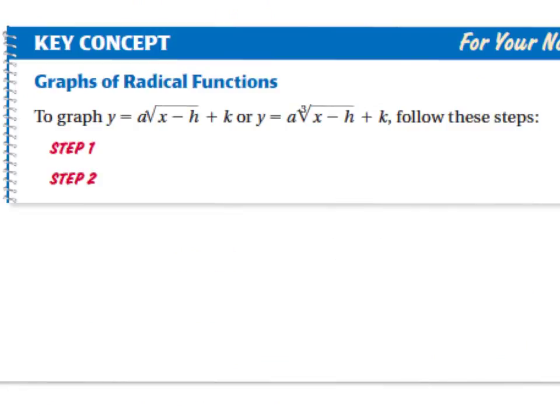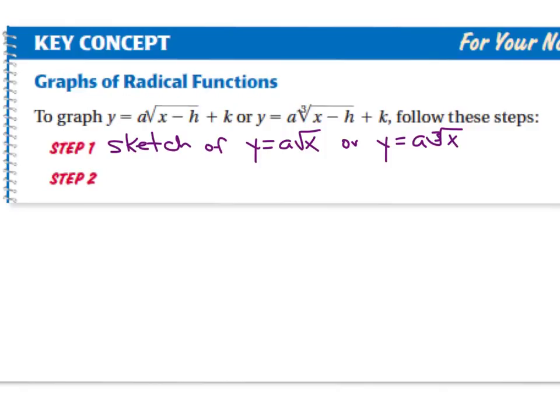In this key concept, we're going to talk about the translation of these radical functions, the square roots and cube roots. So step 1 is to make a sketch of its parent. It'll be either a times the square root of x, or a cube root that you'll make a sketch of.